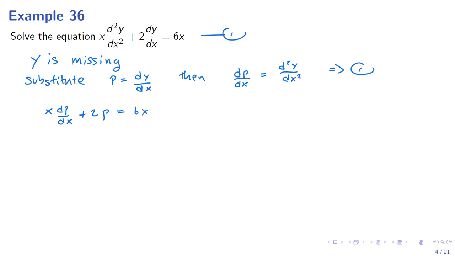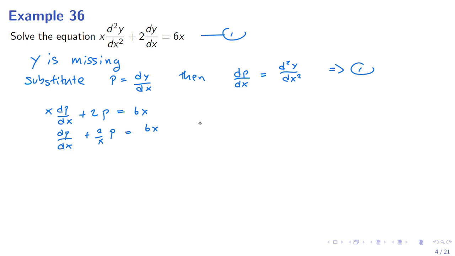So this is a first order ODE, which we can solve by separating the variables, perhaps, or maybe the integrating factor. Now, if we divide by x, we will get dp on dx plus 2 upon x times p equals 6.